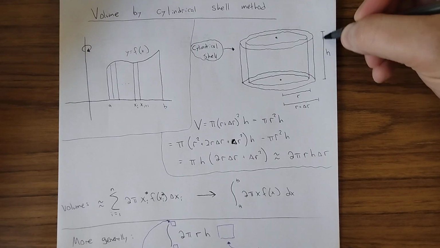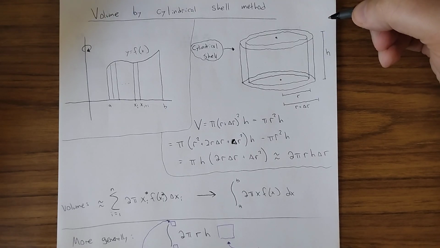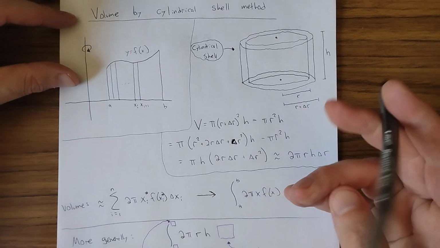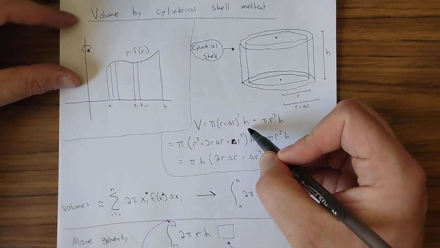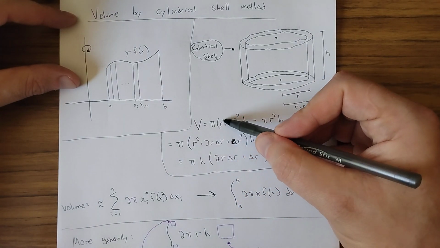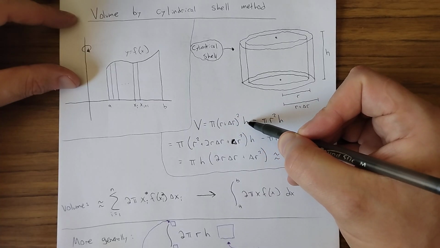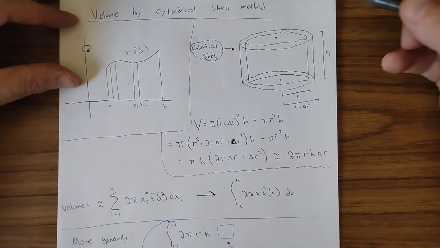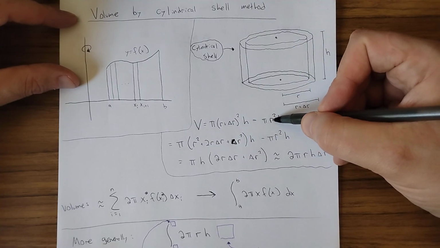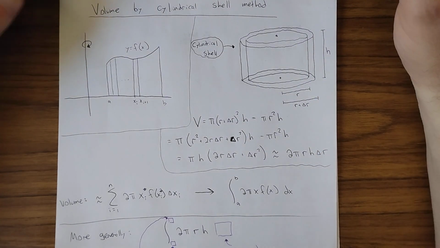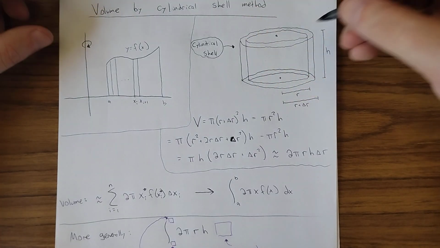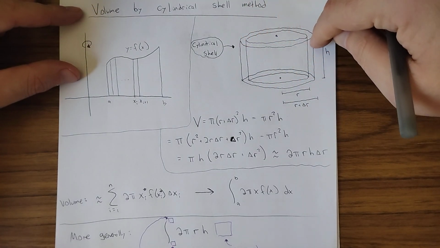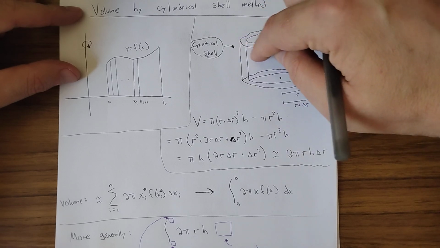And let's say that they both have the height h. So I'm going to do the volume of the big cylinder, pi times its radius squared times its height, and then subtract the little cylinder, which is pi times its radius squared times h. And that's the volume of the stuff that's left around the edges.